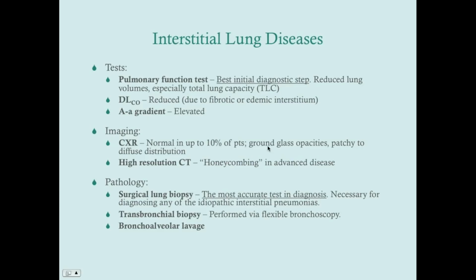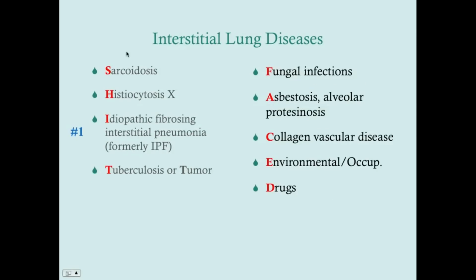Obviously, there are differences. If you have sarcoidosis, you can see bilateral hilar lymphadenopathy, whereas with tuberculosis or with tumor, you can see a mass. So what I'm giving you is not fully what you're going to see in a patient with disease. This is just overarching all of the interstitial lung diseases.